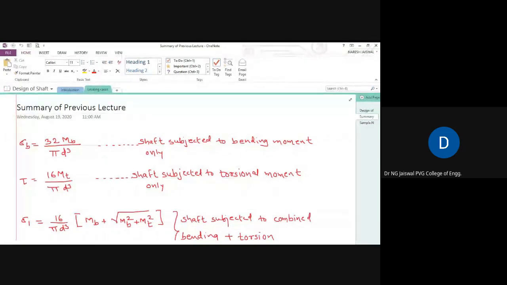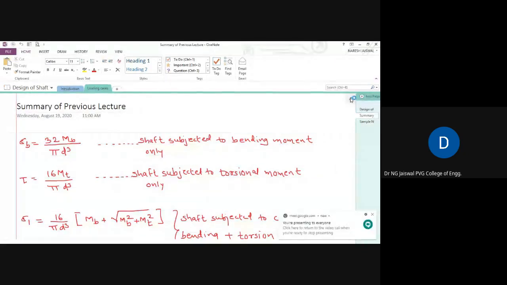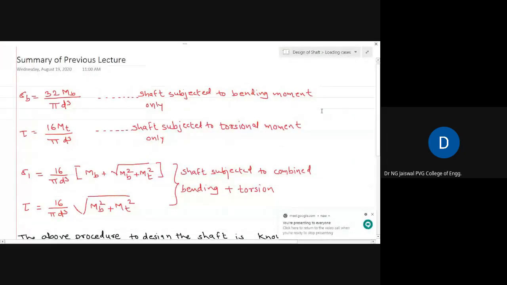So we'll just summarize a few things from yesterday. Yesterday we started the design of a shaft, and a few equations we have looked into.